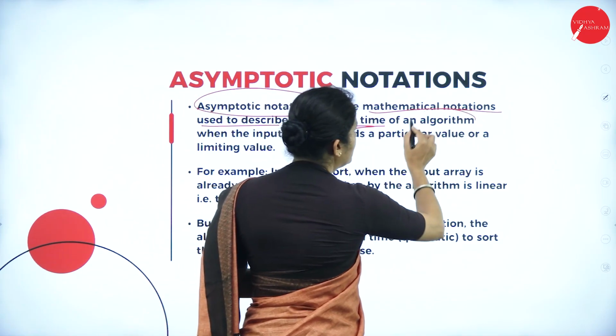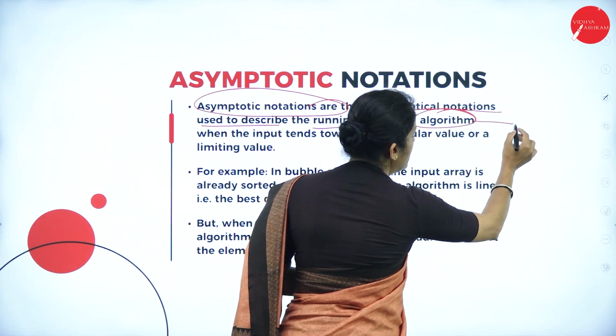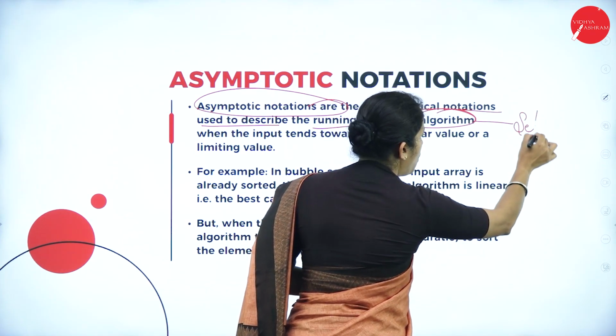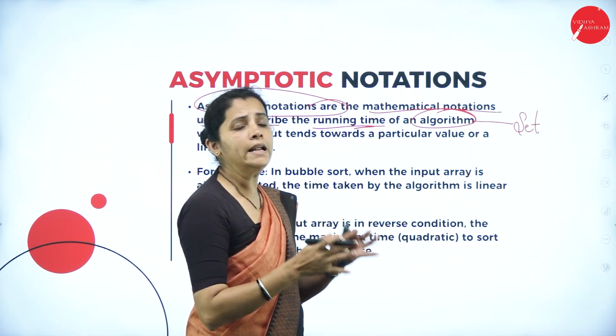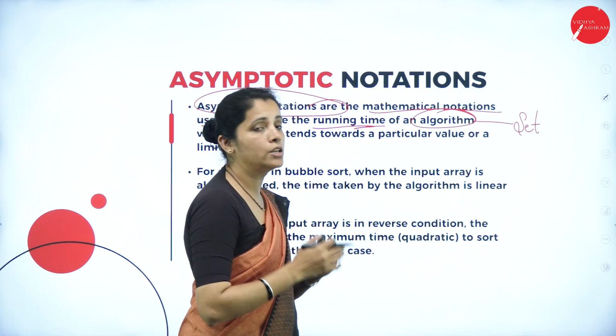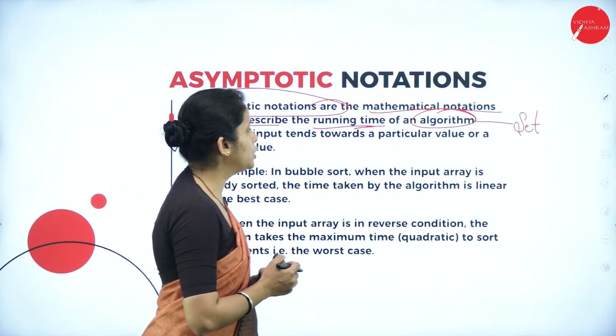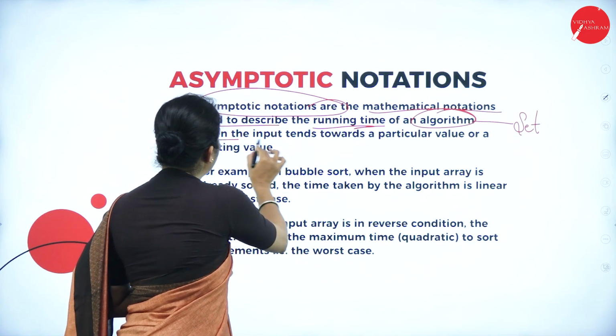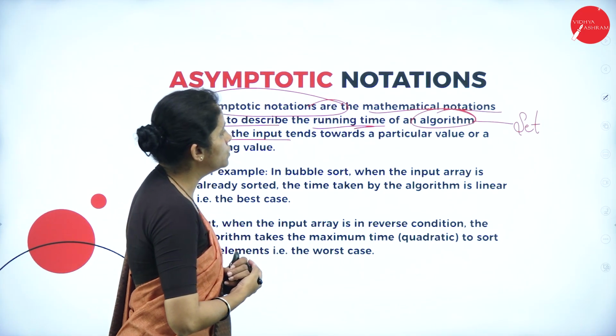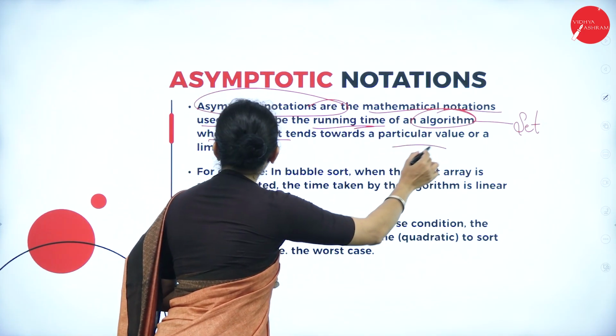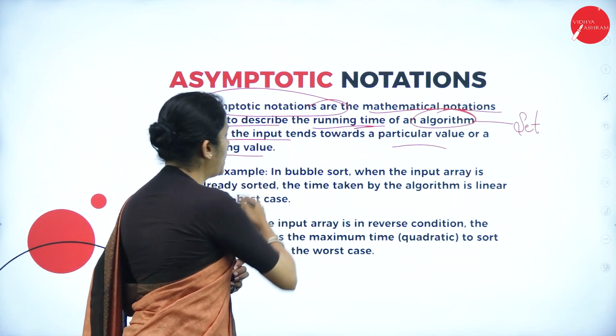So what is an algorithm? An algorithm is a finite set of instructions used to solve a particular problem. So when the given input tends towards a particular value or limiting value.